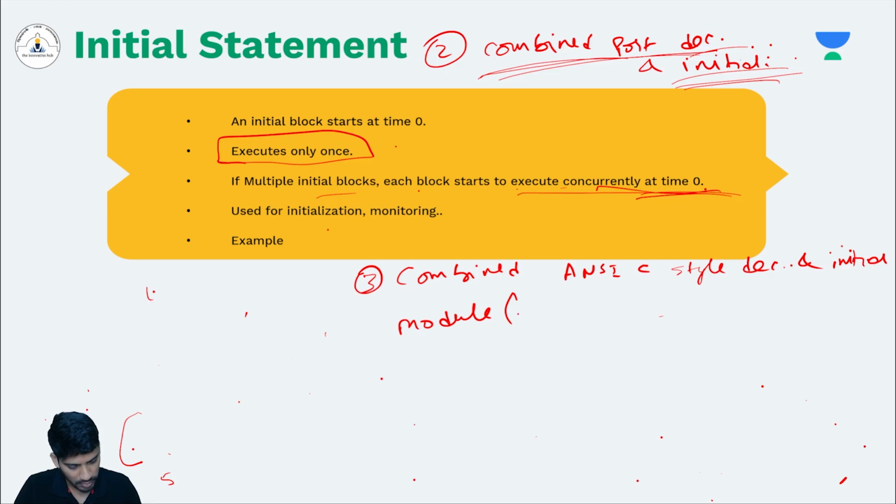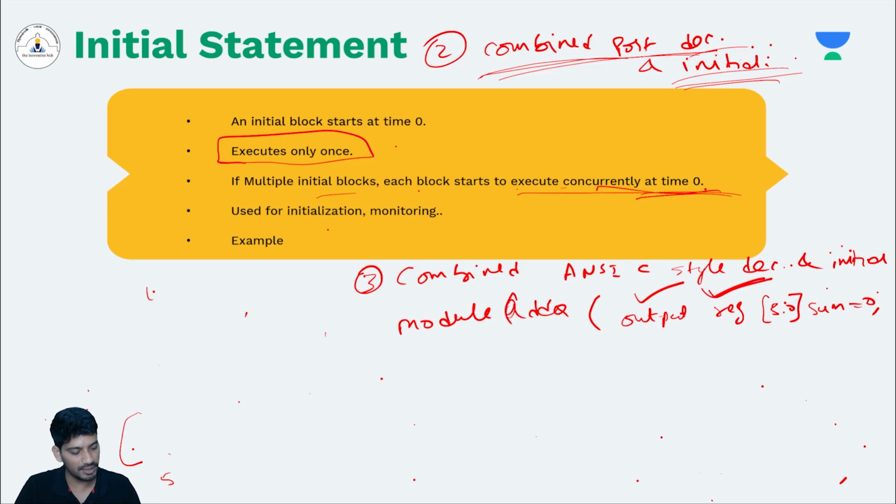So it will be like this: module, my module is, let's say, adder. I am declaring the ports. My output as a register of 3 down to 0 sum is equal to 0. See, I am declaring the port output as a register as well as initializing it. Okay. Similarly, this should be a comma, not a semicolon.